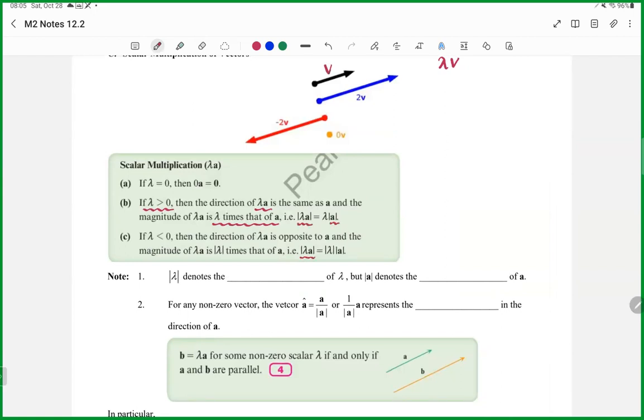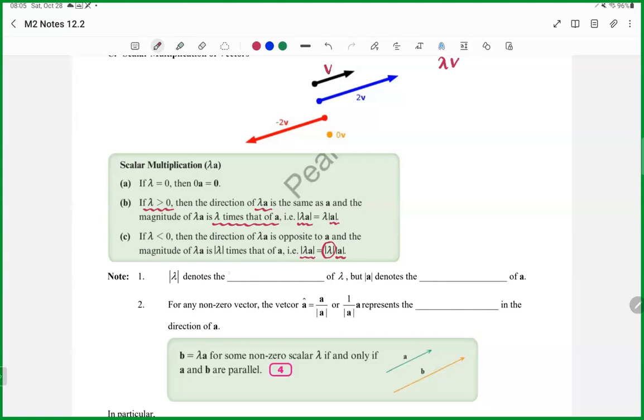These are the magnitude of a vector, whereas this one is the absolute value of a scalar. So we use the same notation, but they mean different things.